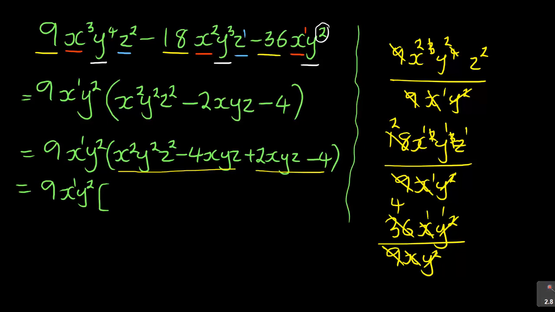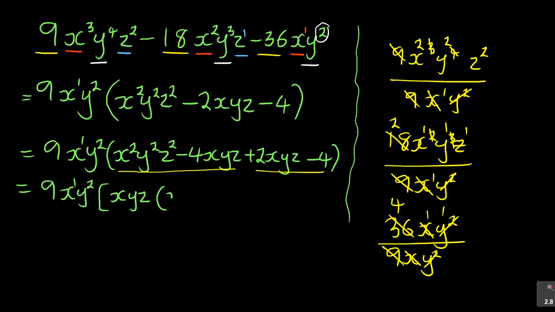So what's common there in the x squared y squared z minus 4xyz? Take the smallest power. 1 and 4 nothing common, but xyz is common, so it's xyz. So like what I was doing, xyz into x squared y squared z squared, the x cancels the x to remain with 1, y cancels the y, remain with 1, z cancels 1, remain with z.